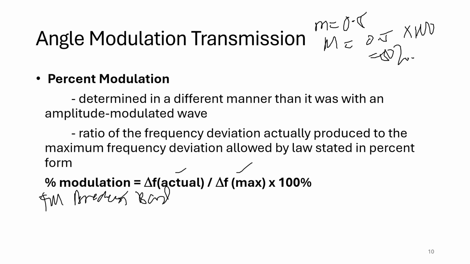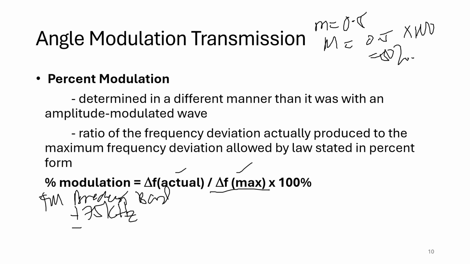For FM broadcast band transmitters, the FCC limits the frequency deviation to plus or minus 75 kilohertz. This is the standard, and we can consider that as your maximum frequency deviation.